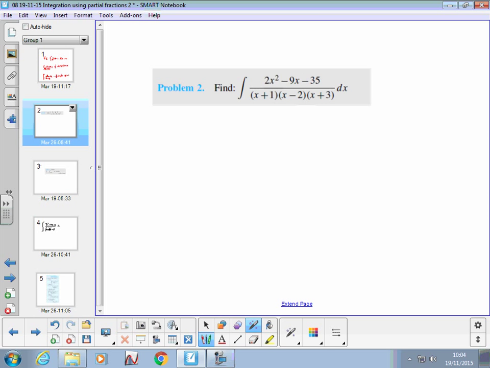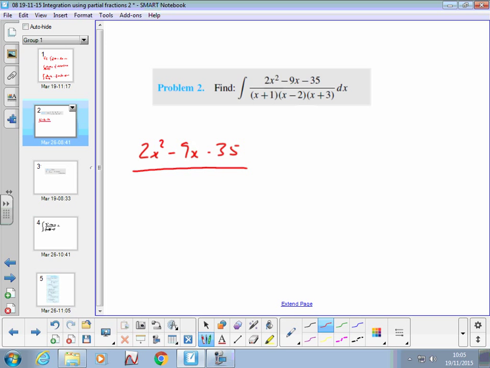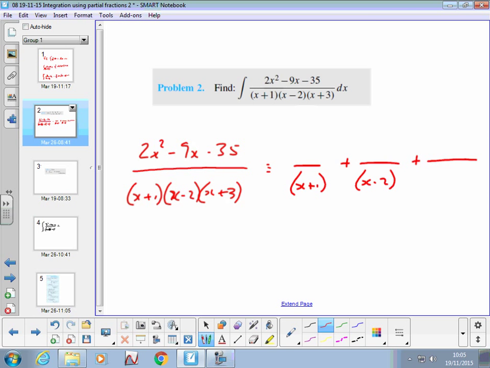So the first thing we do is to think about this fraction over x plus 1, x minus 2, x plus 3 as equivalent to some fraction over the first factor, x plus 1, plus another fraction over the second factor, x minus 2, plus something over x plus 3.